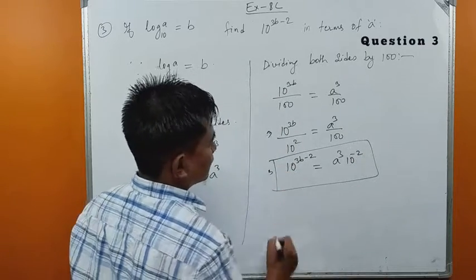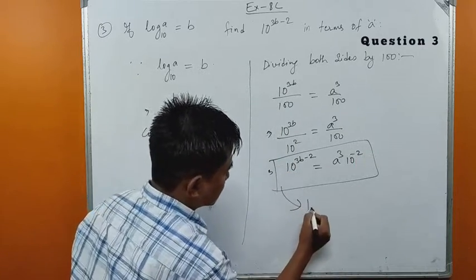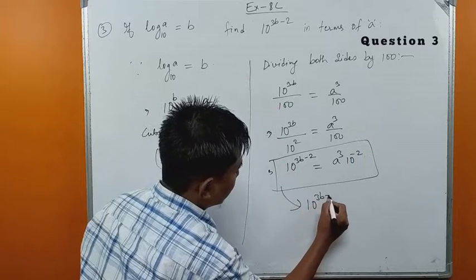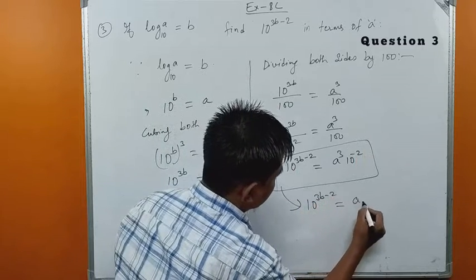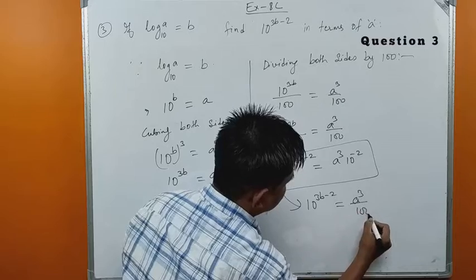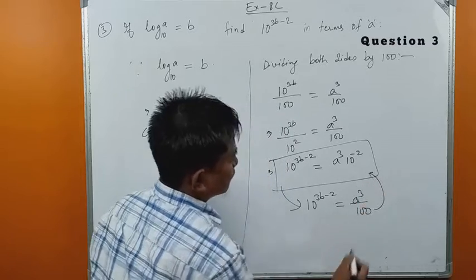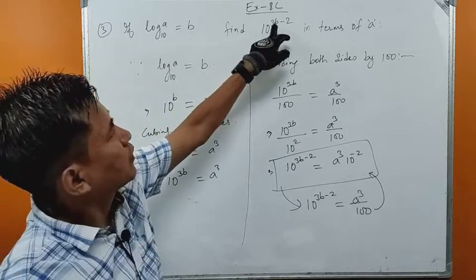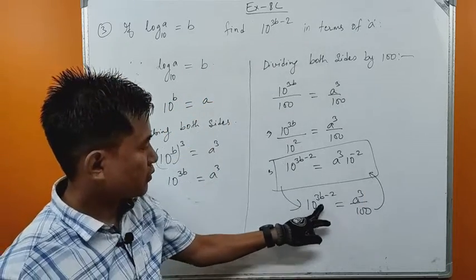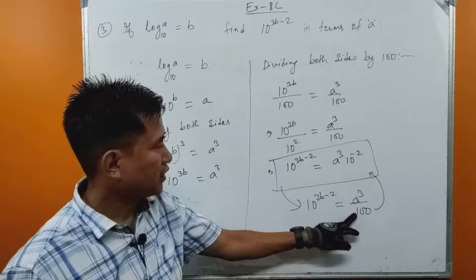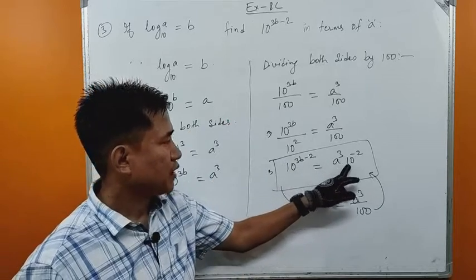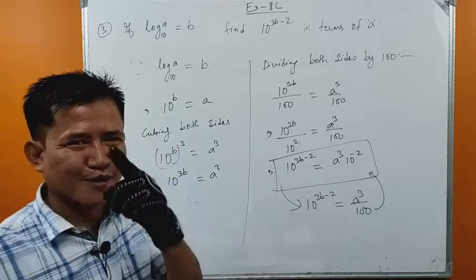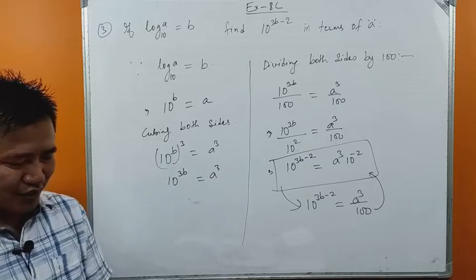Whichever way you write, both are correct. So 10 to the power 3b minus 2 is a cube by 100, or a cube into 10 to the power minus 2. I hope you got this. Now let us do the next question.